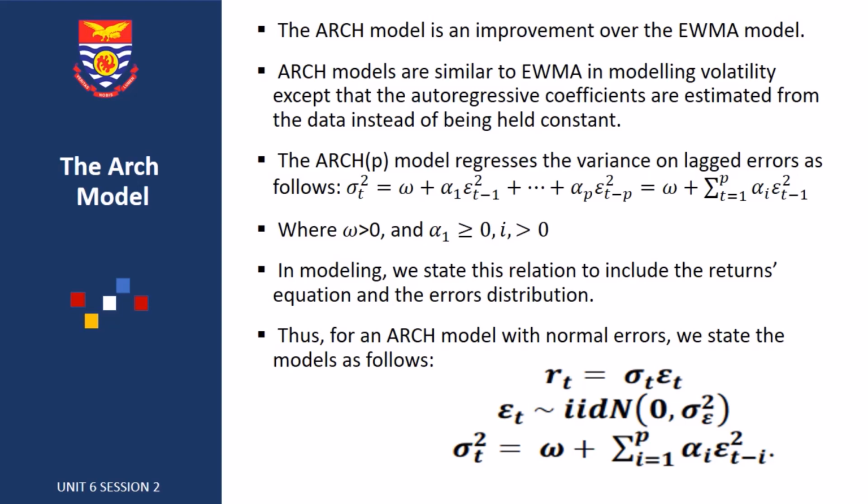ARCH modeling shows that periods of high volatility are followed by even higher volatility, and periods of low volatility are followed by lower volatility, a concept that we call volatility clustering. In practice, this means that volatility or variance tends to cluster, which is useful to investors when considering the risk of holding an asset over different time periods.